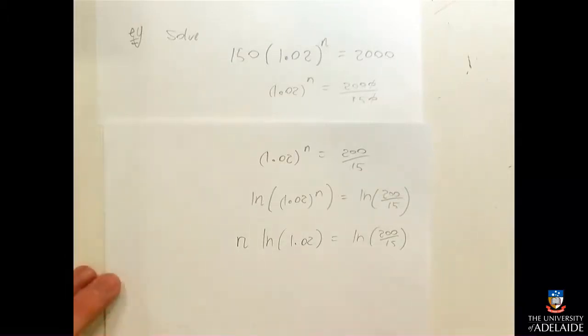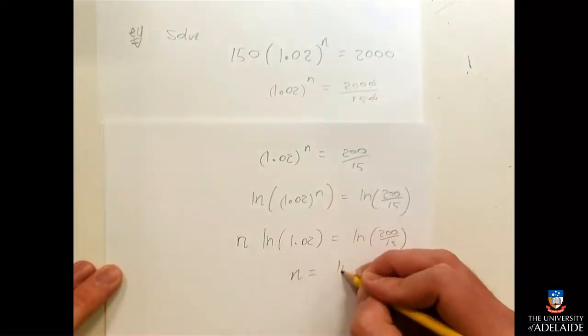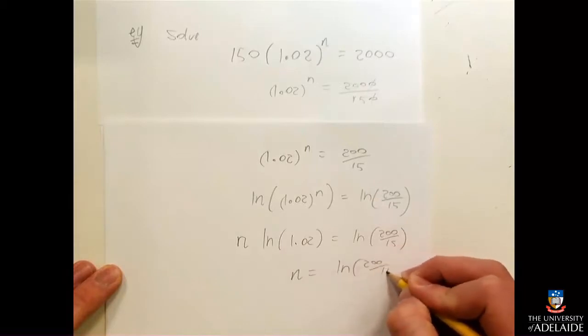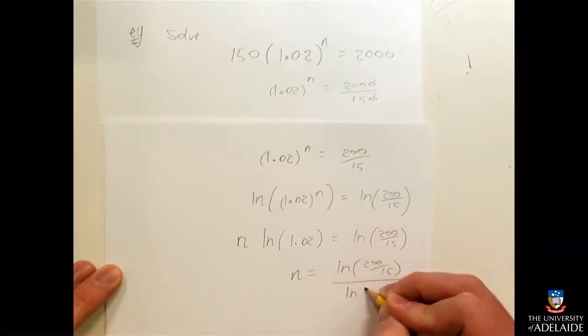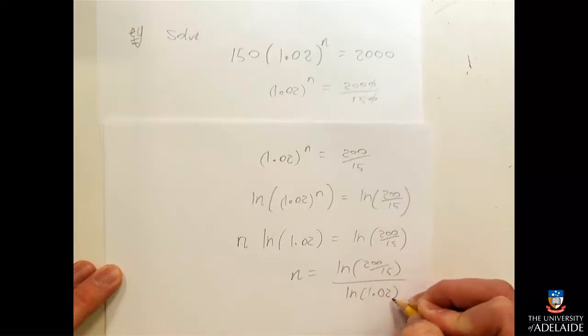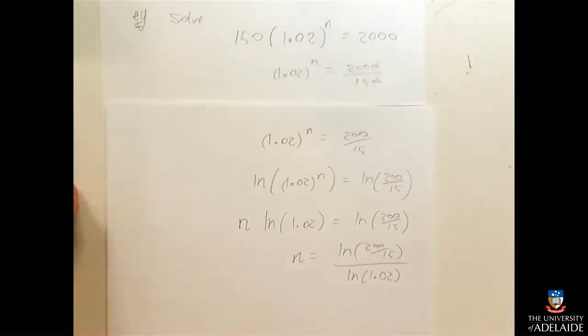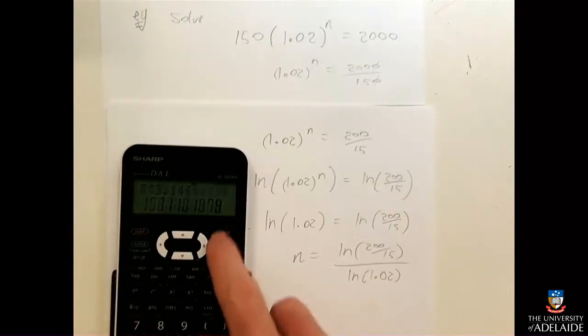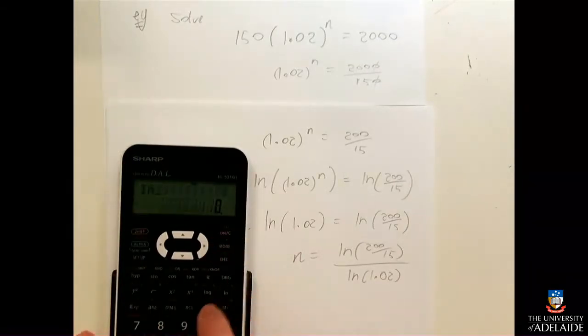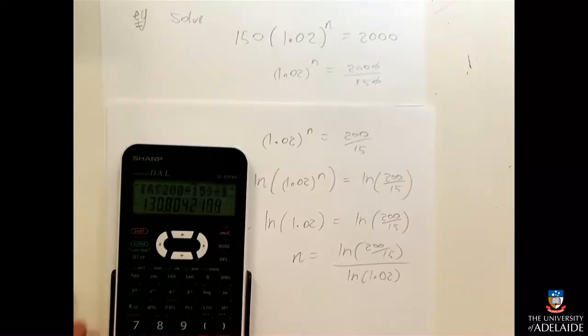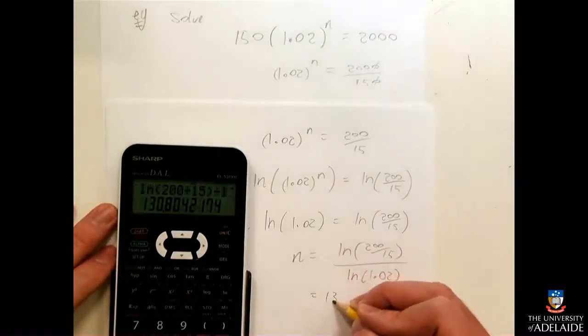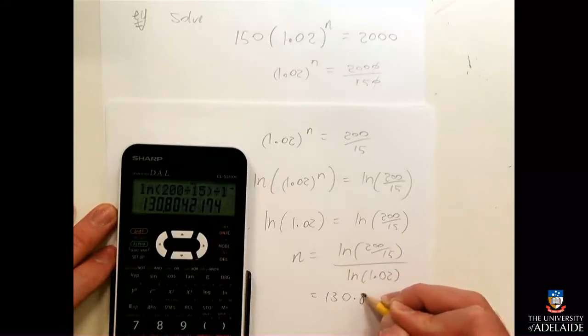And so therefore, n is ln of 200 over 15 divided by ln 1.02, which is whatever it is. Let's ask the calculator. 130.8.